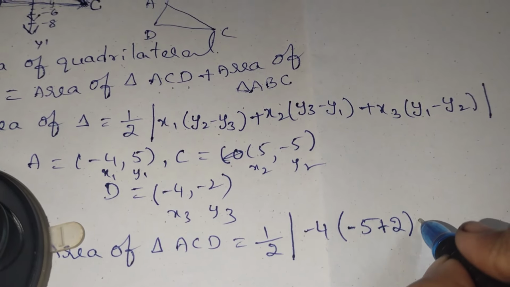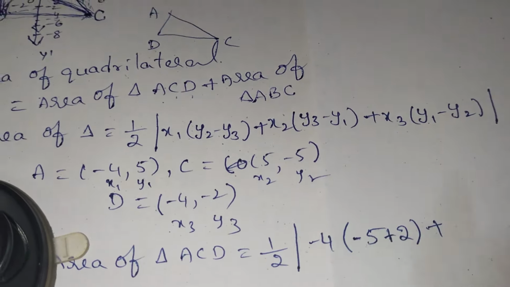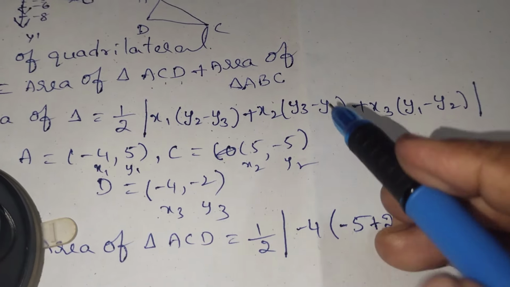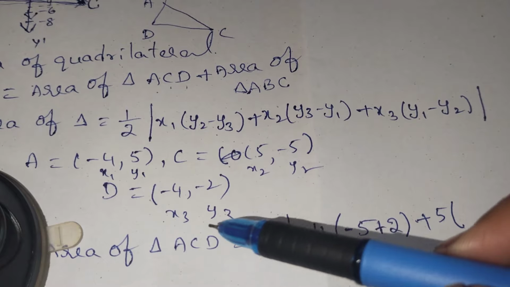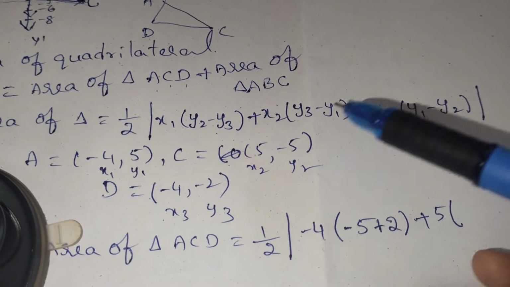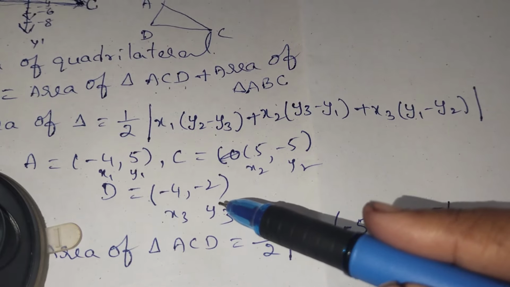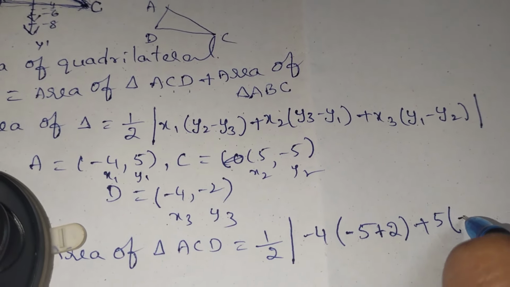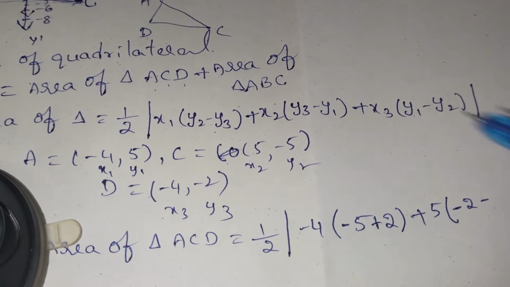Next plus x2. What is x2? 5. So write 5 into y3 minus y1. y3 is how much? Minus 2. Minus y1. y1 is 5. So minus 2 minus 5.